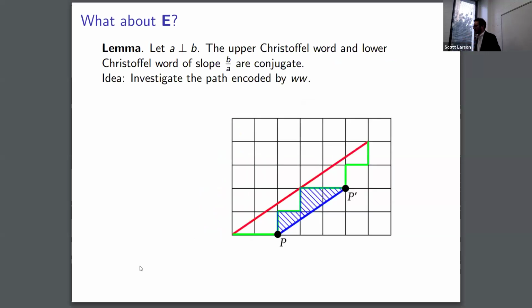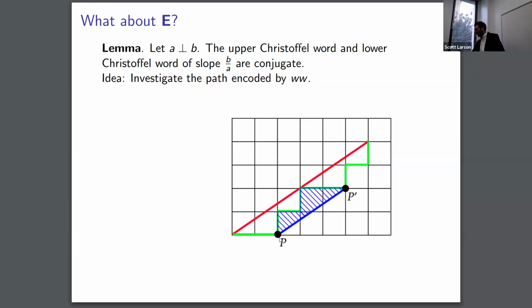The next fact we're going to need is that the upper Christoffel word and lower Christoffel word of a given slope are conjugate. So here we have the Christoffel word of slope 2 over 3, and we basically extended that twice. So we actually have WW encoded here, where W is the Christoffel word of slope 2 over 3. And then you take the points that have maximum label, so maximum distance from this line.